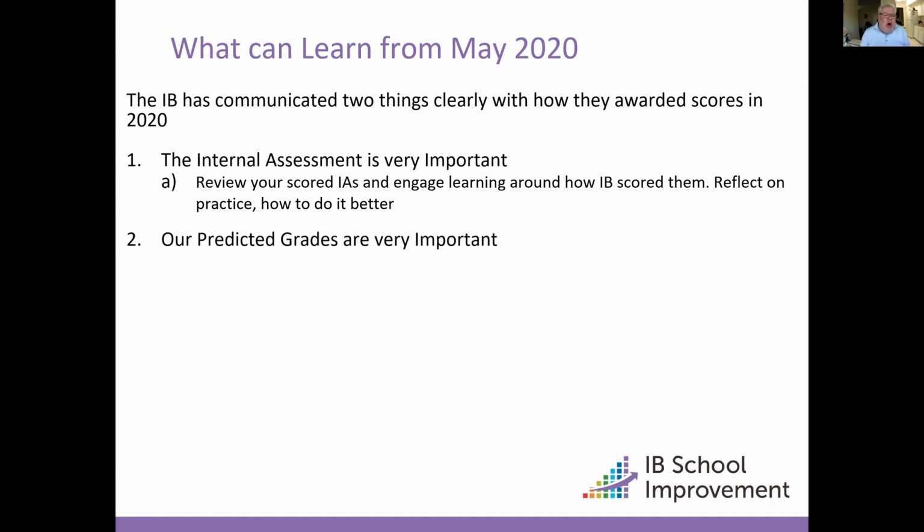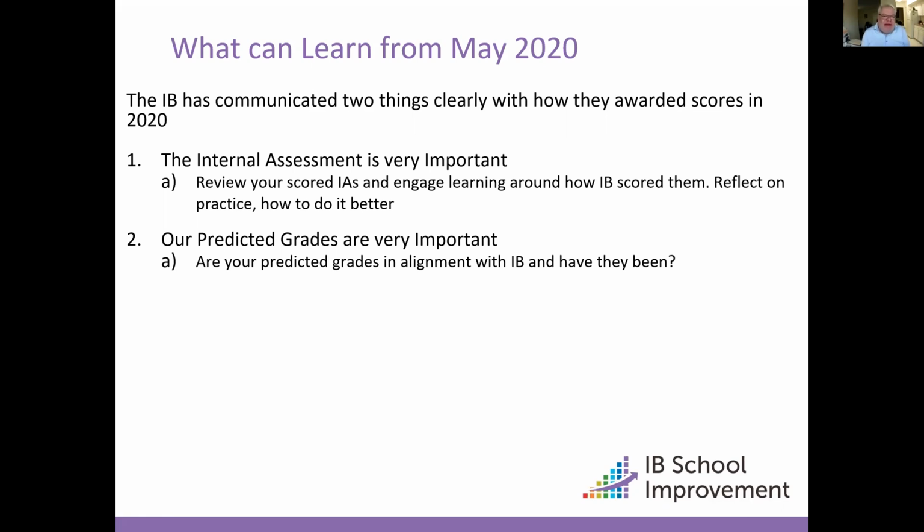Number two, that our predicted grades, which have always been important, are uniquely important in this new era. So I'm going to ask, are your predicted grades in alignment with IB, and have they been? Are your predicted grades statistically accurate?